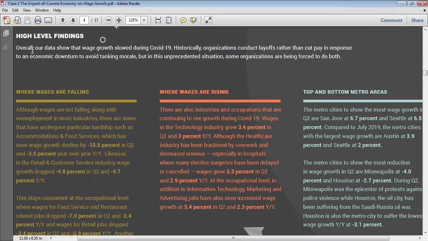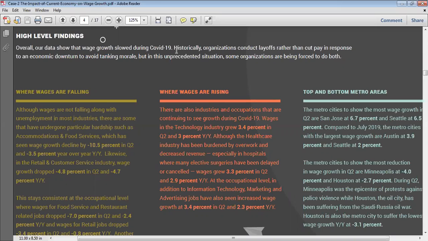So the first sentence very simply, very clearly says that overall our data show that wage growth slowed during COVID-19. I hope you can understand the meaning of the sentence. That is the year-on-year growth in salary. Like every year, teachers in a university or institute also get an annual increment.